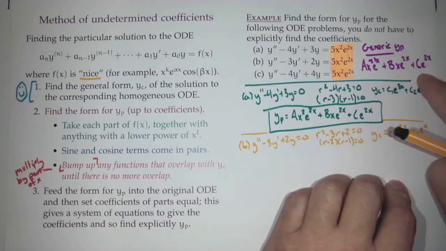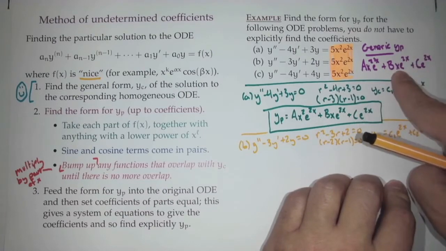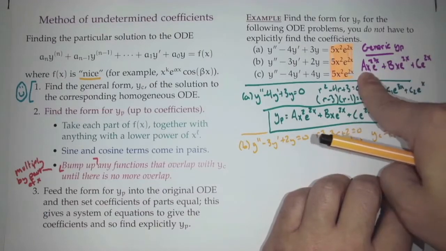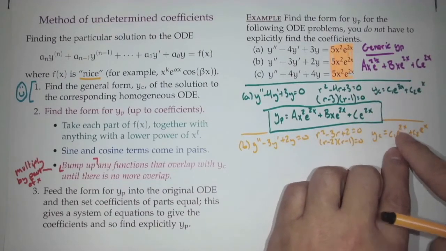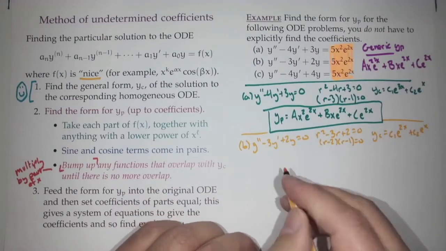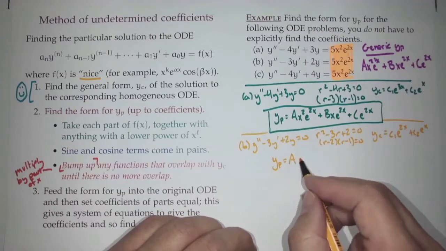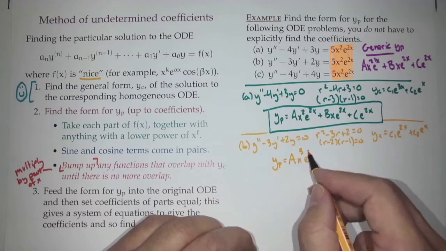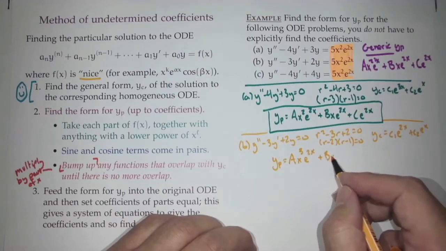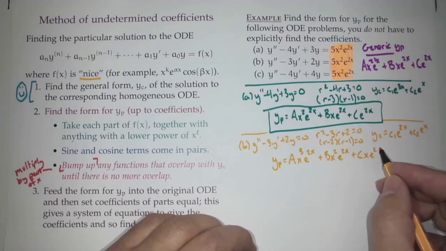All of them, because if I bump one, it runs into something already accounted for, so I have to bump that one too. Anything with e to the 2x gets bumped up. So our particular solution is ax cubed e to the 2x, bx squared e to the 2x, cx e to the 2x.